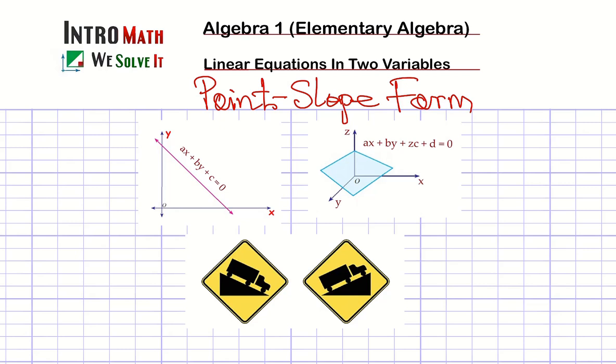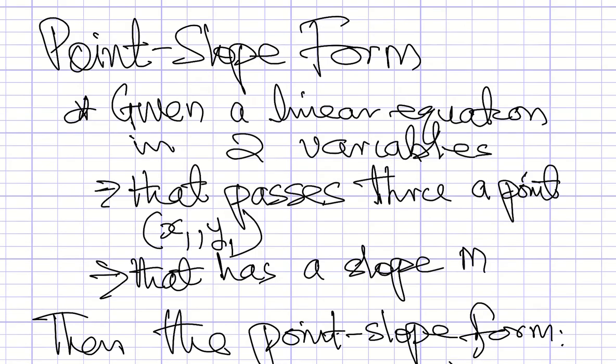Okay. So let's look at what we mean by point slope form. All right. Here is the definition of point slope form of linear equations in two variables.